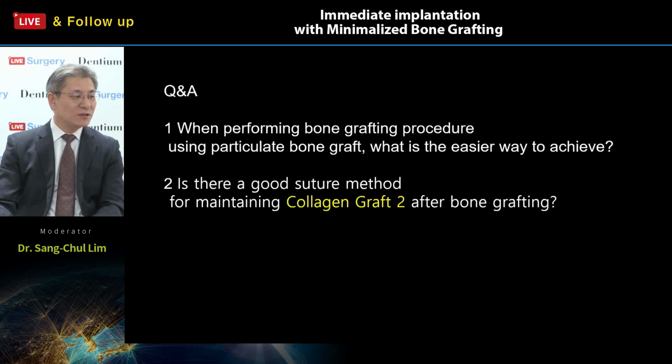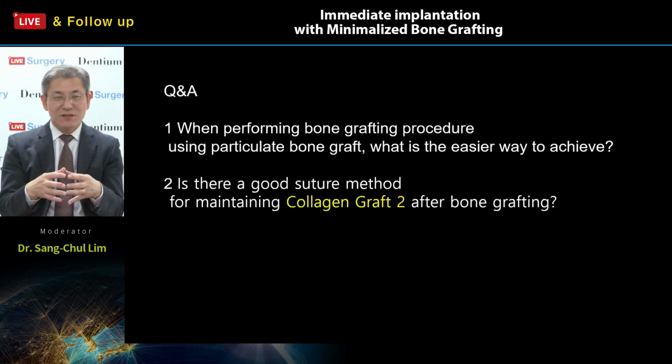Let's move to the questions. First, when performing a bone graft procedure using particulated bone graft, what is the easier way to achieve it? First, even though the particulated bone itself has some adhesiveness, like osteogenic material has some adhesiveness, just soaking in saline is enough to move it to the grafted area.